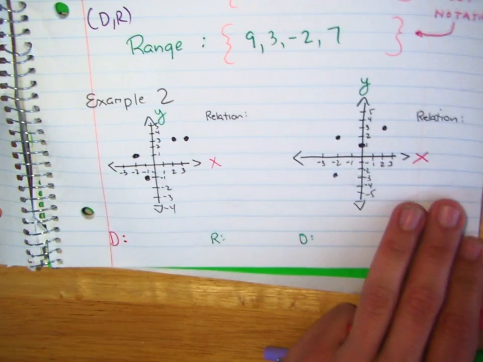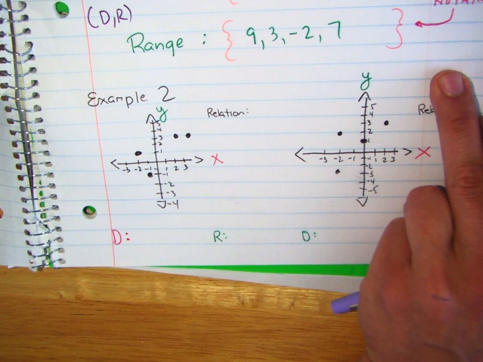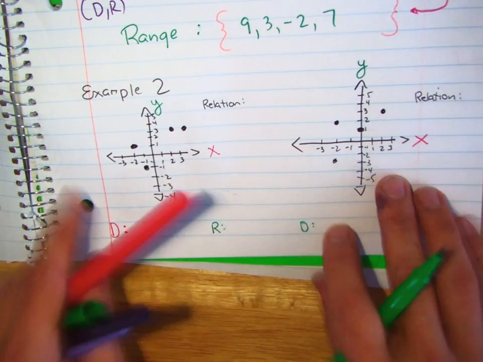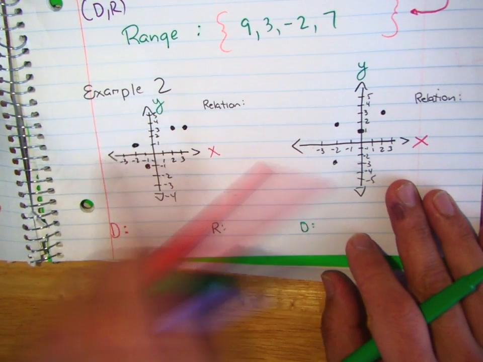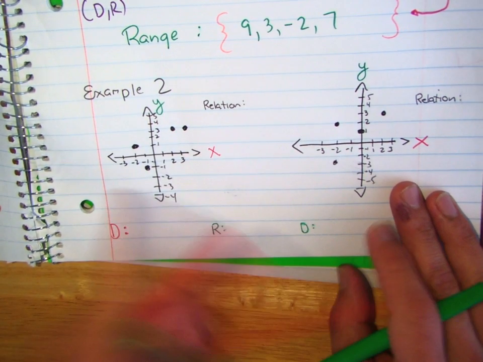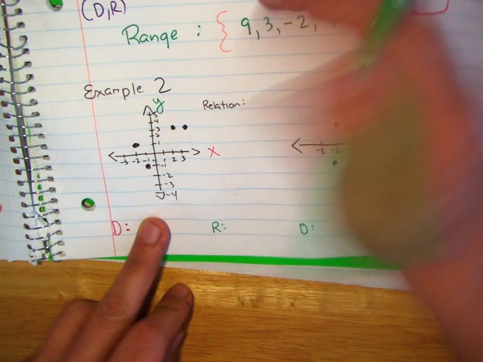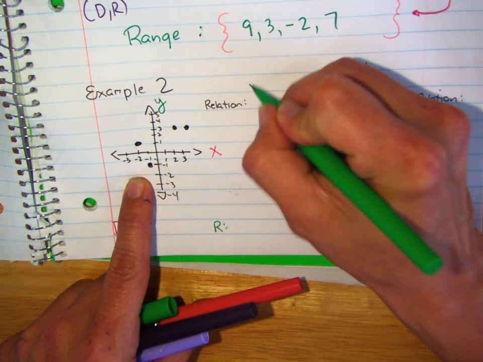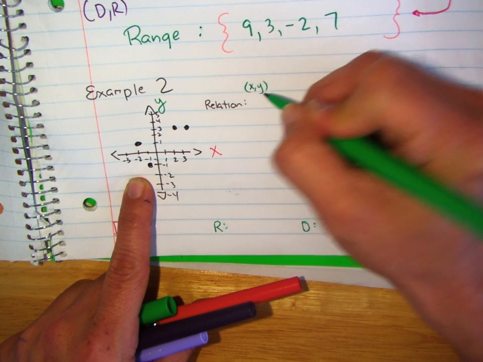All right, so the next one. So now the next one, they're going to give you dots. They're going to give you an XY coordinate, and they're just going to put dots, all right? And then here, they're going to ask you what's the relation. Well, the first one is -2. So remember, your relation is your set of coordinates.